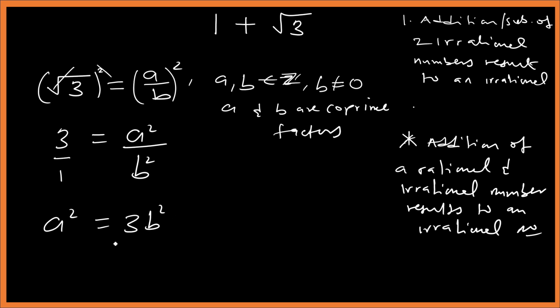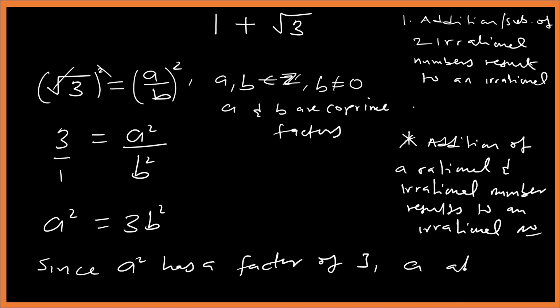Alright, now since a squared has a factor of 3, a also has a factor of 3. So since a squared has a factor of 3, a also has a factor of 3.